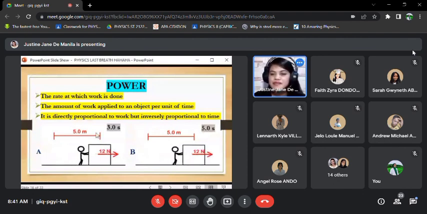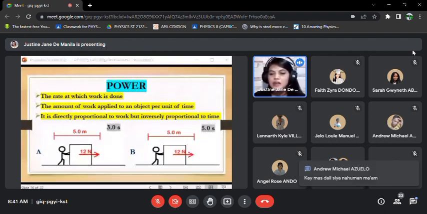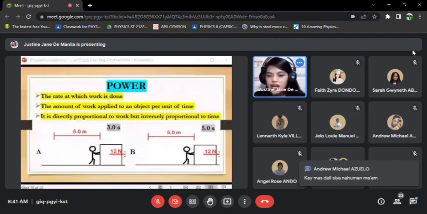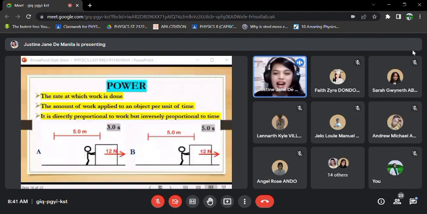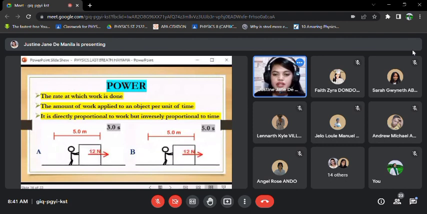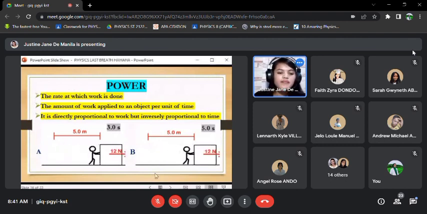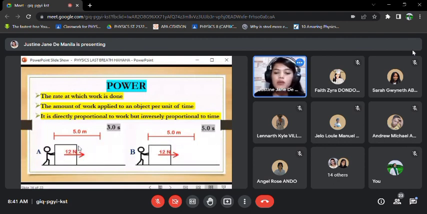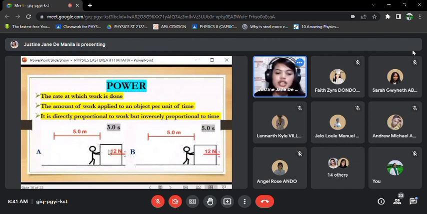Why? Don't be afraid to share your answer, class. You can unmute your microphone or type your answer here. Okay, according to Andrew, because he is faster, ma'am. Very good. You're right, Andrew. Stickman A has more power because he finished in 3 seconds, while stickman B took 5 seconds.